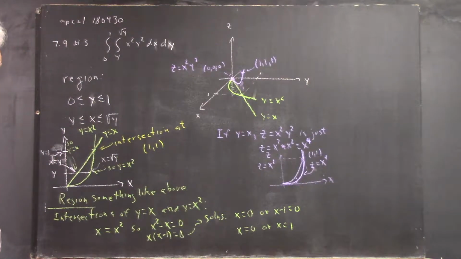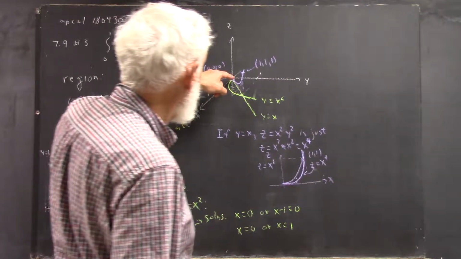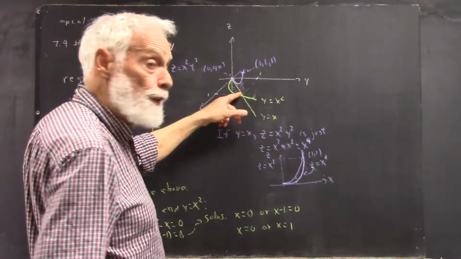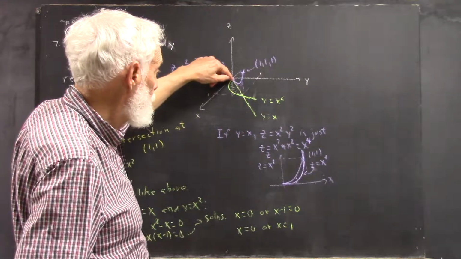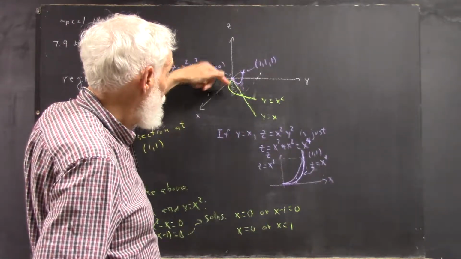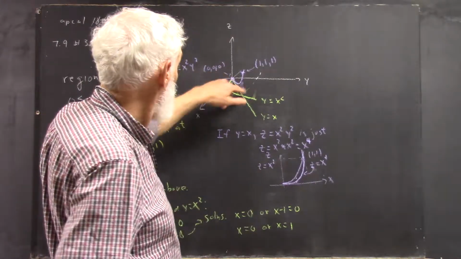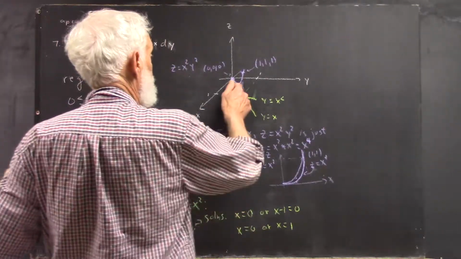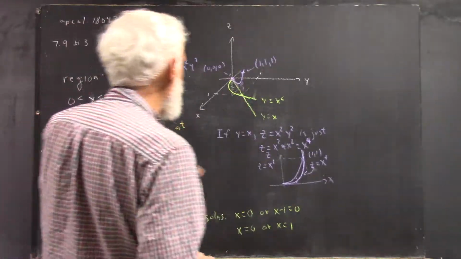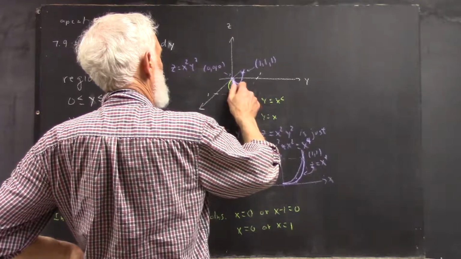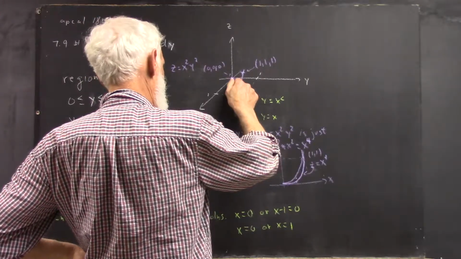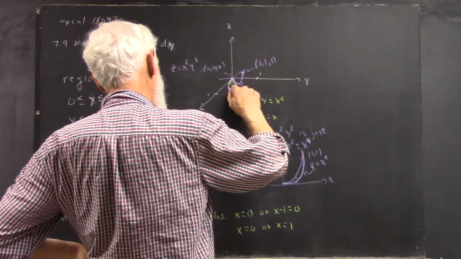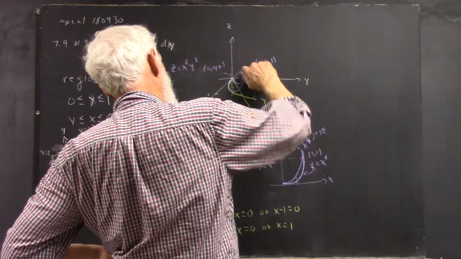Now, along this line, your y values are smaller than they are along this line. Along this curve, the y values are all smaller than they are here. So when you square them, they're much smaller. So along this curve, the graph pretty much stays very close to the curve until you get out pretty close to here, and then it goes way up and fast.